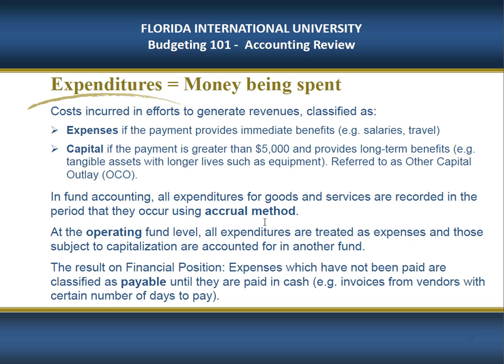A vendor has a claim against us. An example here would be invoices from vendors with certain credit terms. We purchase something from a vendor, but we don't have to pay right away. They allow us to pay, let's say, in 15 days or 30 days. During that time, it is a payable that we have to the vendor. That is the effect on our financial position.